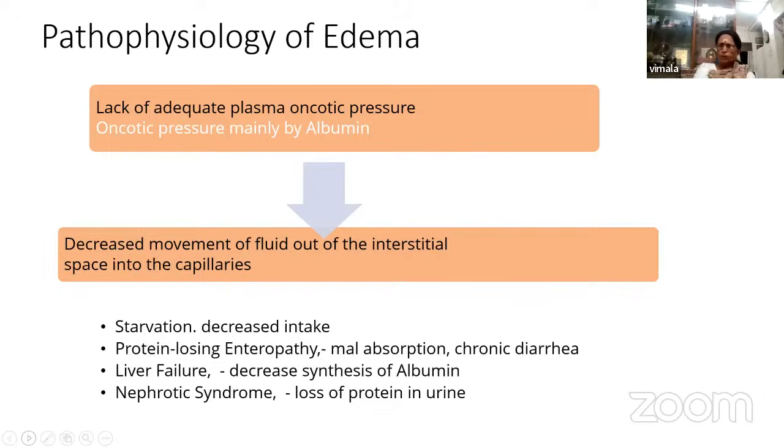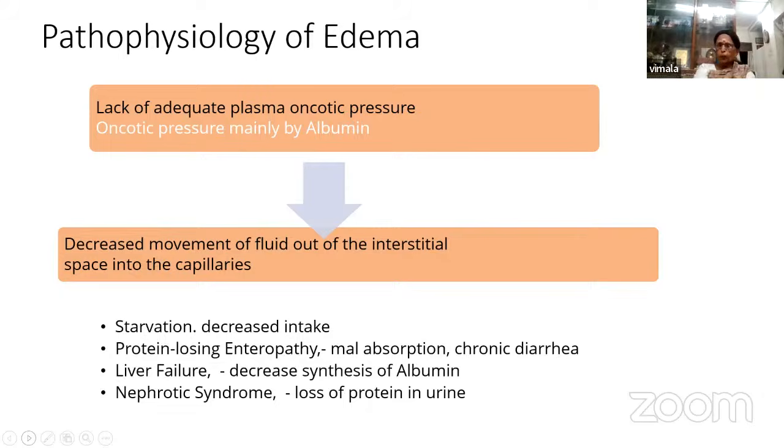The second common cause we encounter in our practice is loss of protein in the urine. That is nephrotic syndrome. When there is a massive loss of protein in the urine, more than 3.5 gram in 24 hours per 1.73 meter square by definition, or 50 milligram per kg in children.